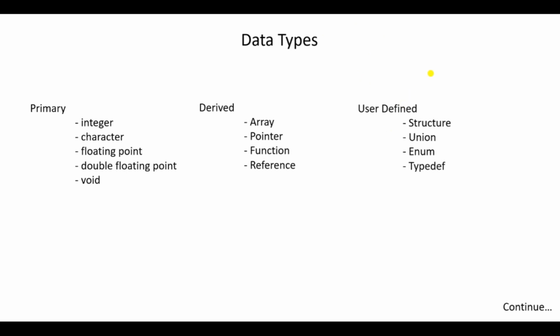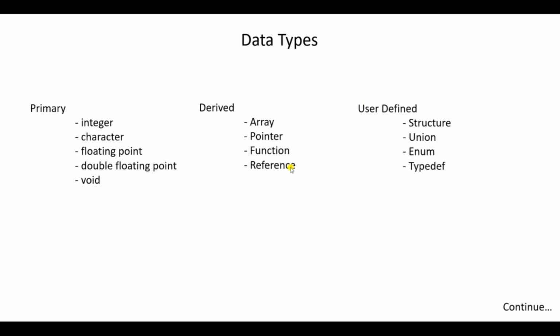Now comes the function. Function is a name of a function or a routine or a procedure in C. There is a special syntax to declare your function. Then comes reference.